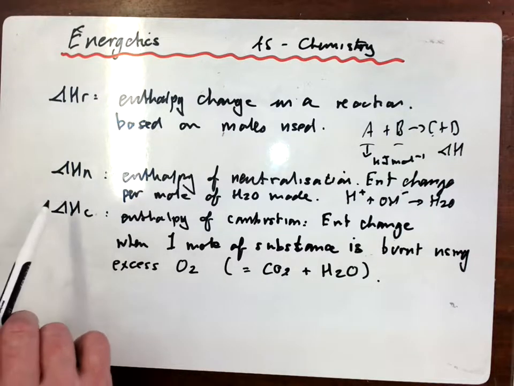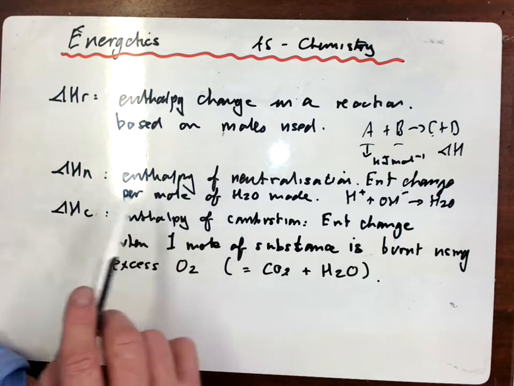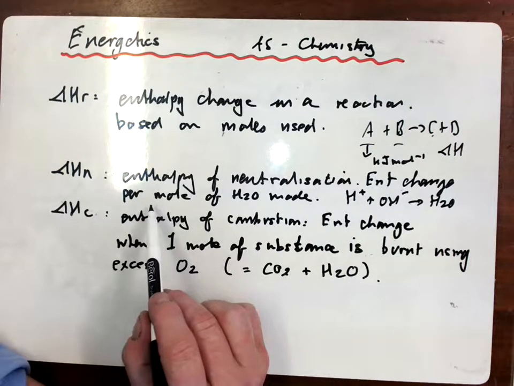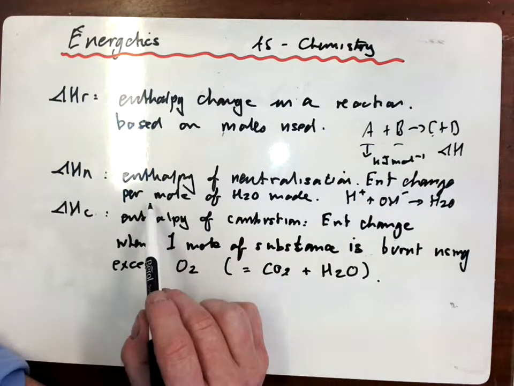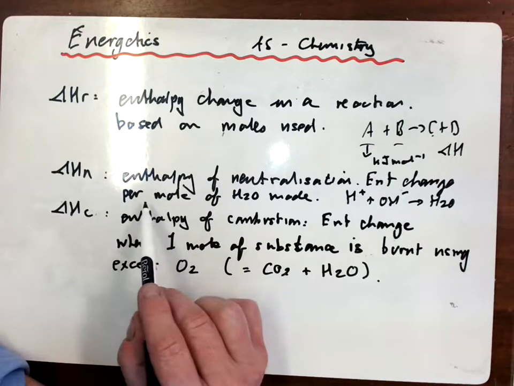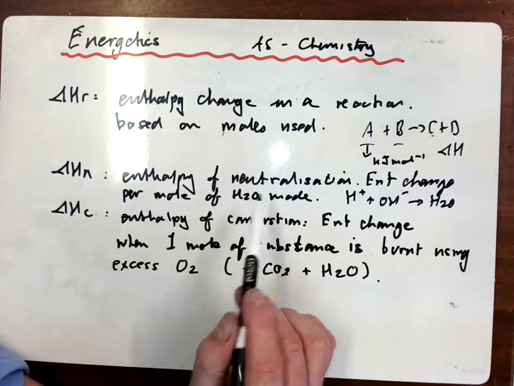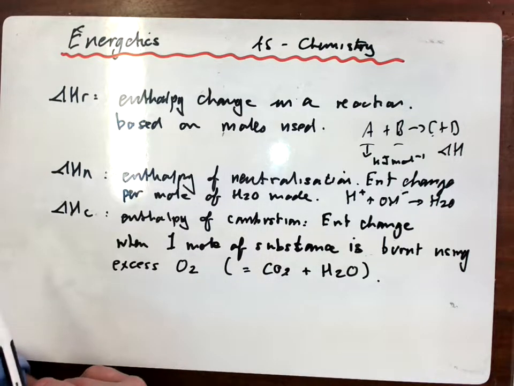The next one is your definition of enthalpy of neutralization, delta H neutralization, which is the enthalpy change when you react an acid and an alkali together. I haven't written this all out, it'll all be in your notes. The enthalpy change when you make 1 mole of water when you react an acid and an alkali together.